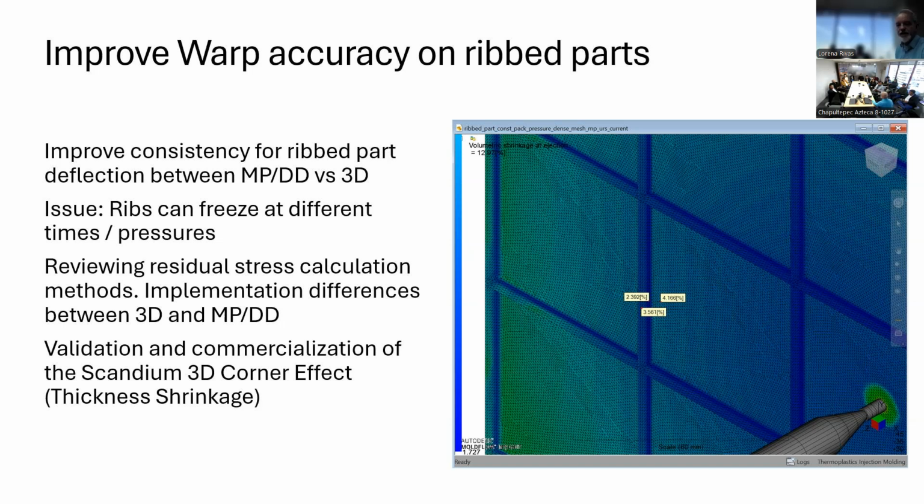We've had it for a while in the technology preview, but we have not released it because we didn't know exactly how the new thickness shrinkage would work in combination with Stamp, because both were doing things with shrinkage, and there is overlap. Is this actually working if we combine both the thickness shrinkage effect and Stamp? It turns out it looks like it actually is working correctly.